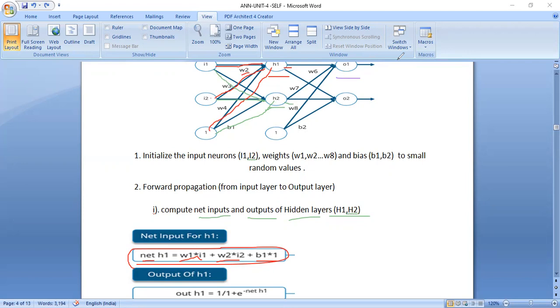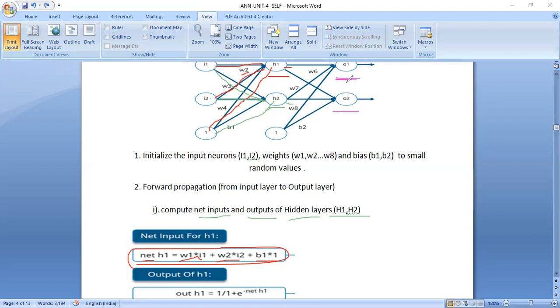Okay, as well as calculate net input of O2, output of O2. Then we have moved to next layer, that is output layer. At the output layer, we have two nodes. First one is O1, second one is O2.